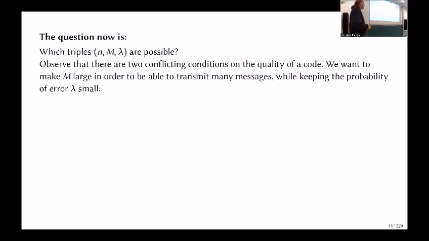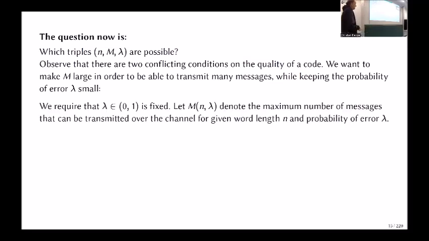The way we want to look at it now is the following. We denote by M(n, lambda) the maximum number of messages that can be transmitted over a channel for a given word length n and the probability of error lambda.